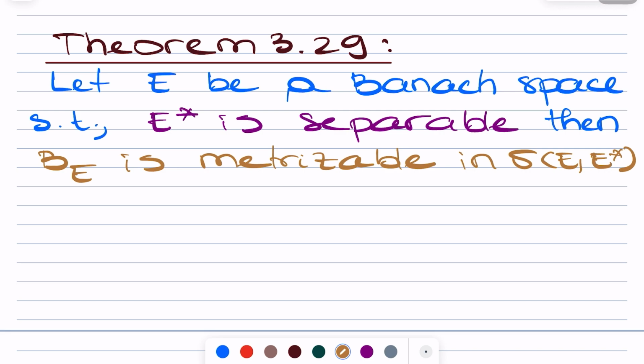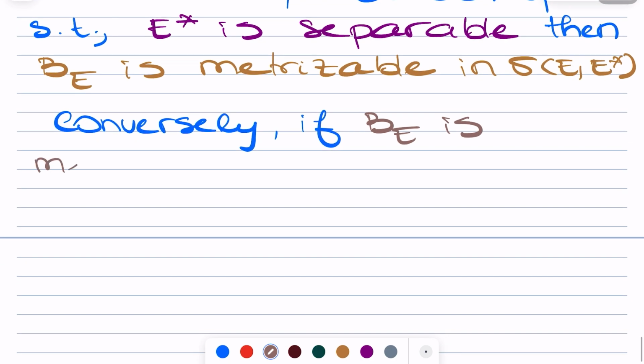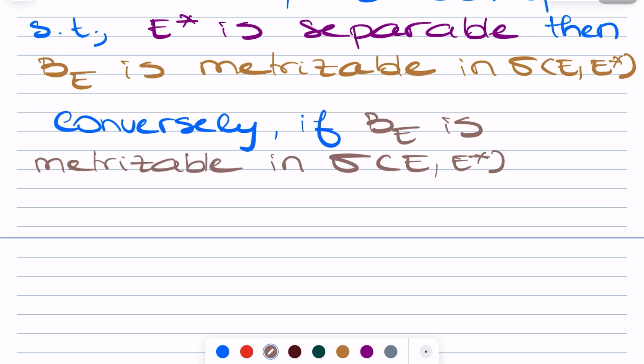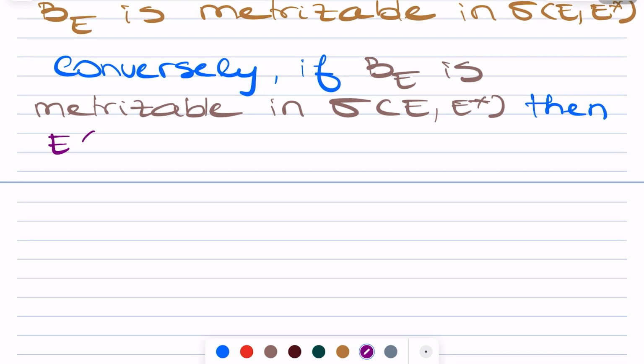Conversely, if the closed unit ball is metrizable in the weak topology, then the dual space is separable.